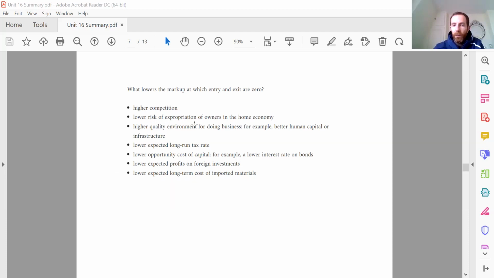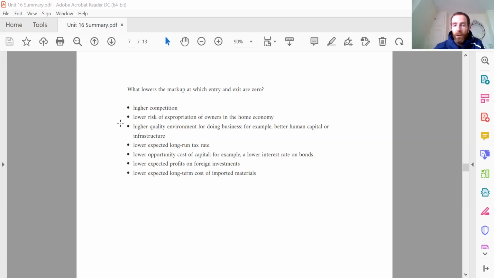Lower risk of expropriation, a higher quality environment for doing business, so better human capital, maybe a more educated workforce, or better quality infrastructure, a lower expected long run tax rate, lower opportunity cost of capital, lower expected profits on foreign investments, which means maybe it's better to do some domestic investment, lower expected long-term cost of imported materials.